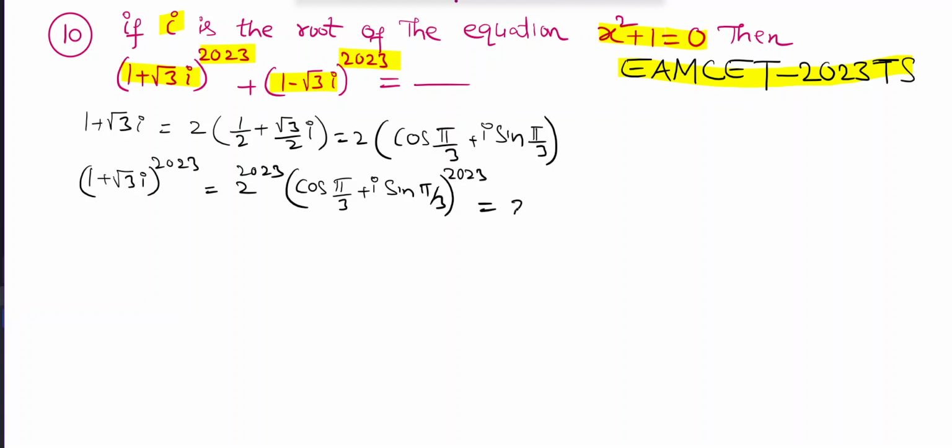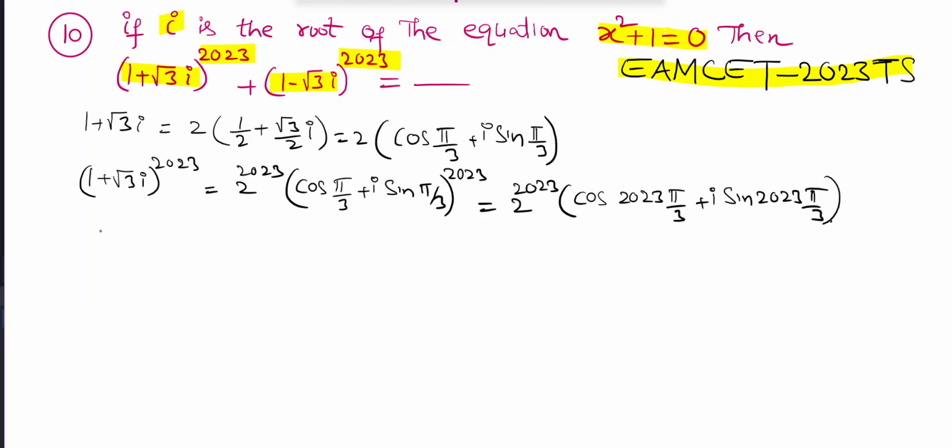Applying De Moivre's theorem, this is cos of 2023 pi by 3 plus i sin 2023 pi by 3.